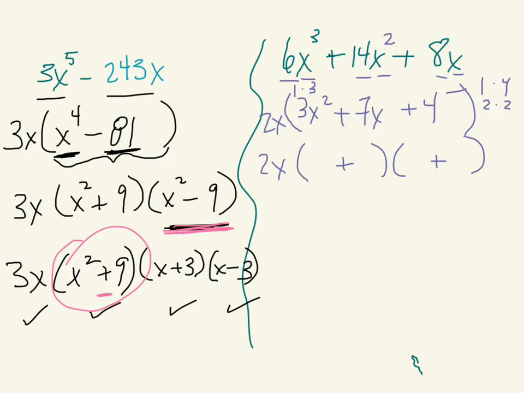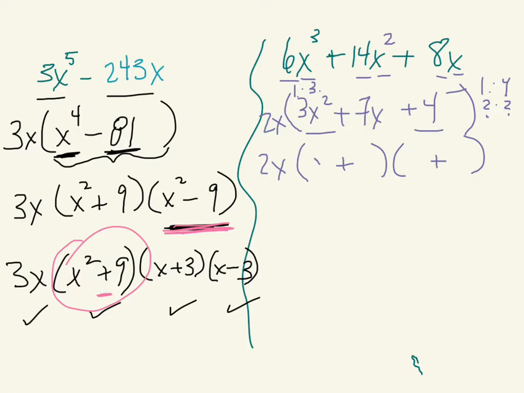We've got to find two products of 3 and two products of 4 whose sum gives you 7. So let's try 3 times 2 is 6. 1 times 2 is 2. 6 and 2 is 8. That doesn't work. How about this? 1 times 4 is 4. 3 times 1 is 3. The sum of that's 7.